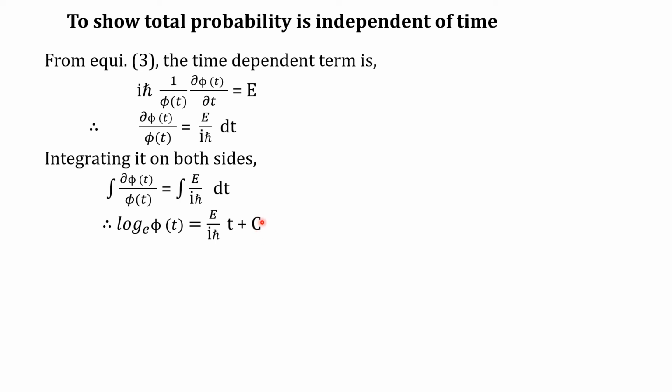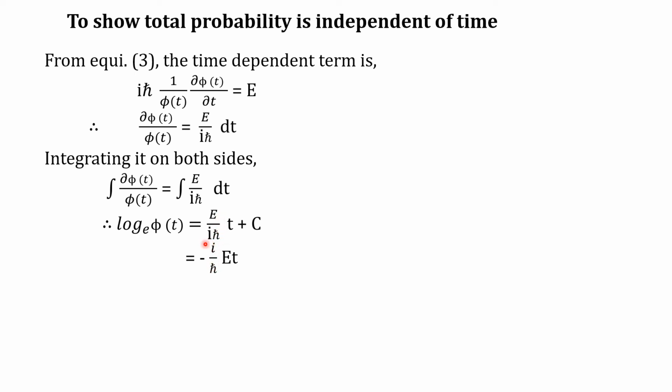To find the constant of integration, at time t equal to 0, c becomes equal to 0. Since the value of c is 0, the equation becomes log e phi of t equal to E by i h cross t, and that 1 by i h cross we simplify by multiplying the numerator and denominator by i.